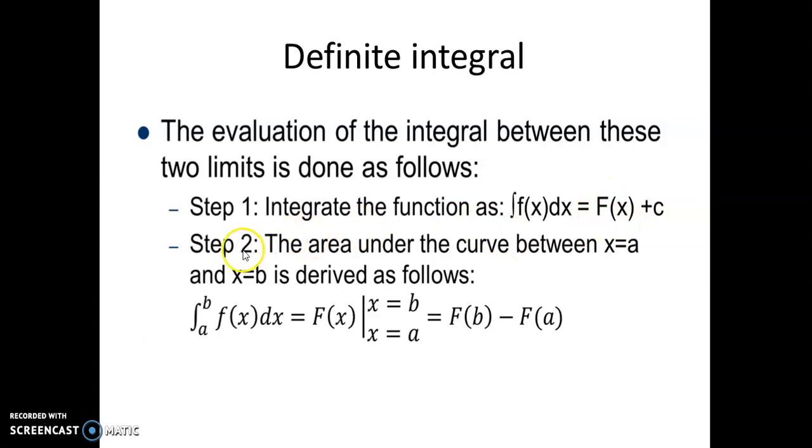Step 2 is the part where you need to determine the area underneath the curve between those two limits, the lower limit, where x is equal to a, and the upper limit, where x is equal to b. It is derived as follows. Once you get your antiderivative, or you integrate this function, we need to evaluate it at b, and then evaluate it at a, and then subtract F of a from F of b. The constant of integration is going to cancel out when you subtract these two.